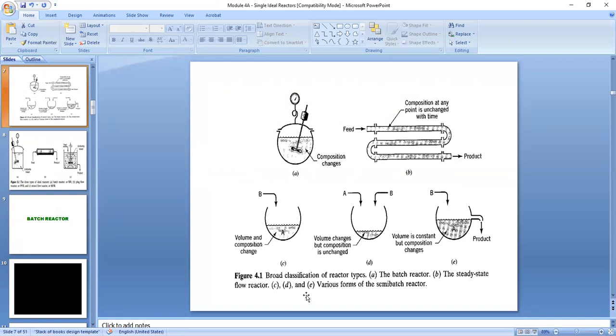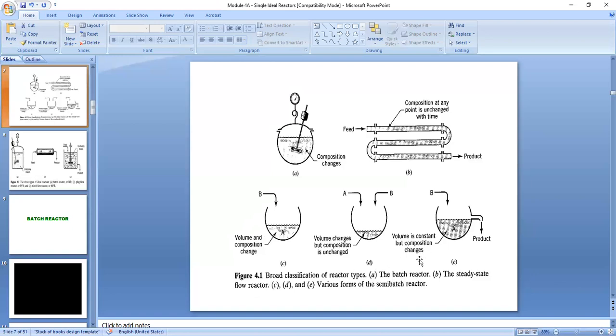Then for C, D, E, we have this one. In the case of C, you have volume and composition at any particular time is changing. So the volume and the composition inside the reactor is changing. Now in here, you have volume changes, but composition is unchanged for letter D. And for letter E, you have volume is constant, but composition is changing.